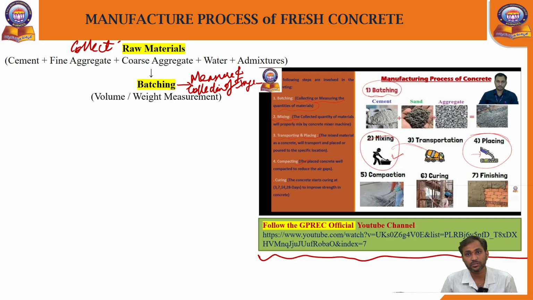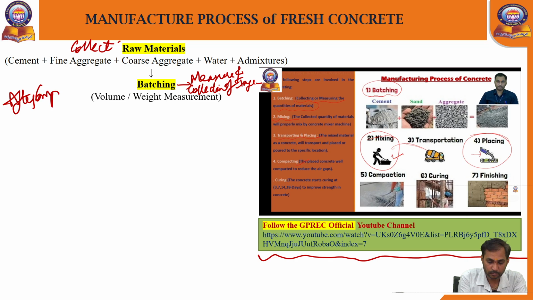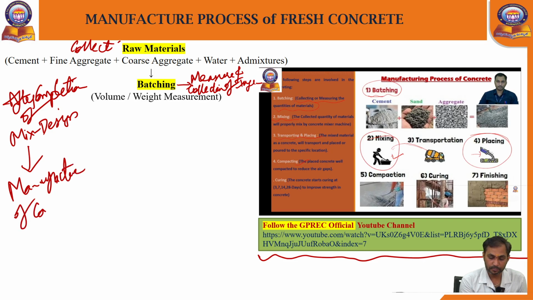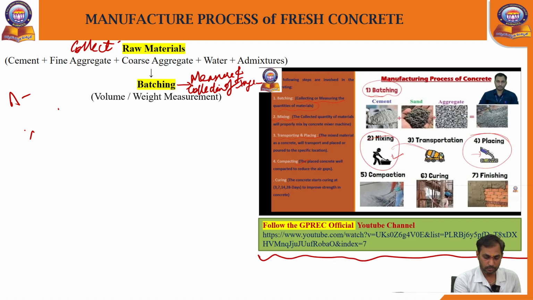The manufacturing process of fresh concrete we have to do after completion of the mix design. Okay, now you have understood, no? In the mix proportions, we get the quantity of cement, sand, coarse aggregate, and the water quantity to be measured. So all those things we have to measure in the batching part.